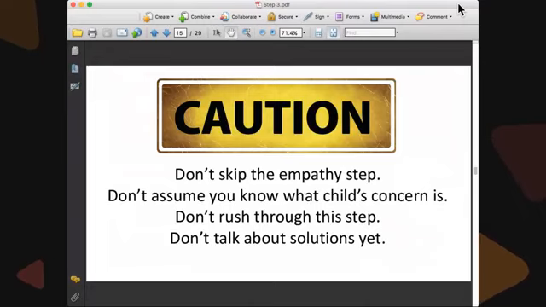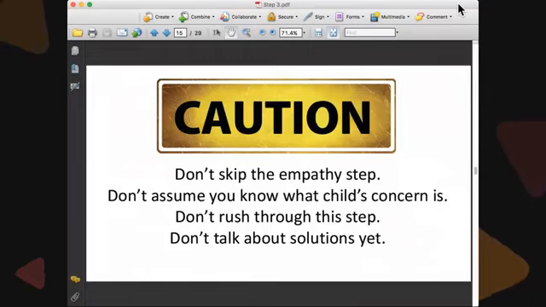Sometimes people say, "Oh, I already know what's happening, we don't have to sit down and talk about that anymore." But you really do need to start at that level where you are empathizing with your child, connecting with them on a different level versus being an angry parent or an angry teacher.